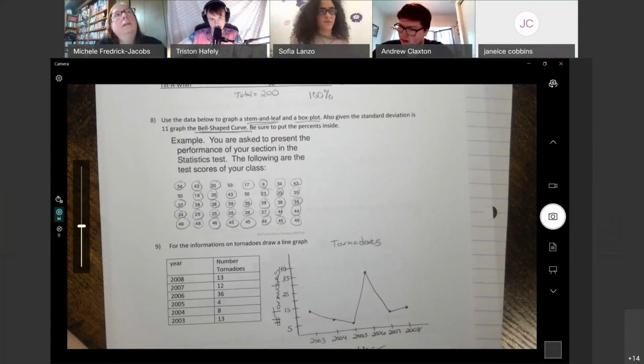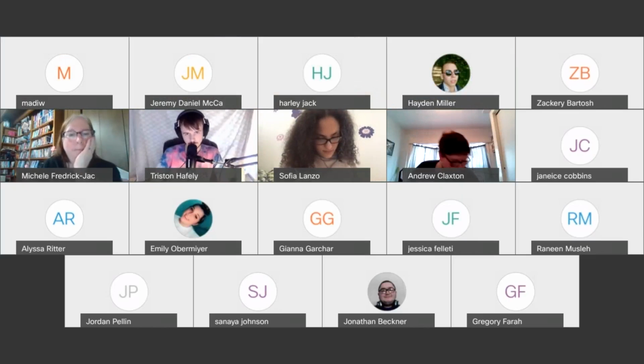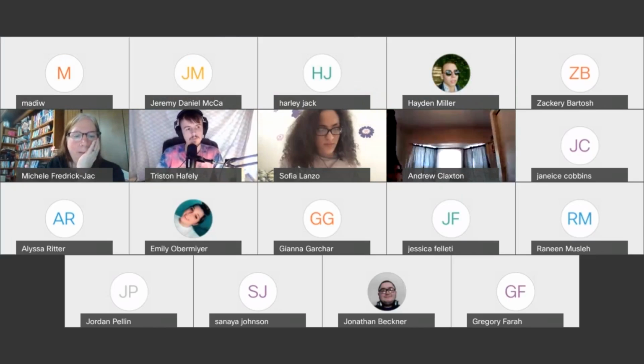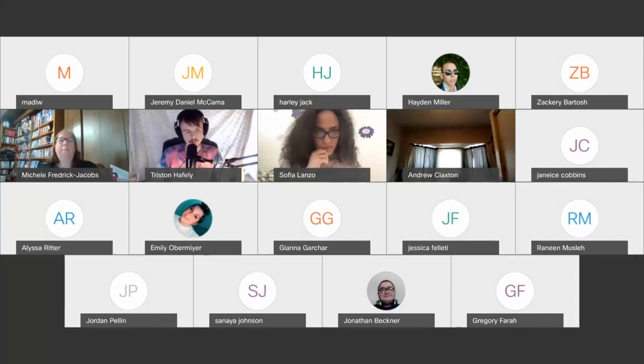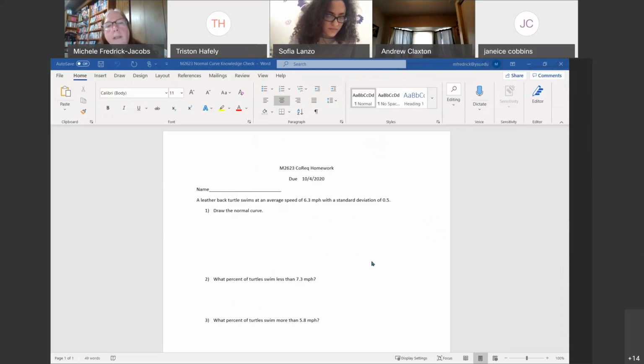There it is. Okay. So it's saying draw a normal curve. The average speed, average would mean mean, is 6.3 with a standard deviation of 0.5.